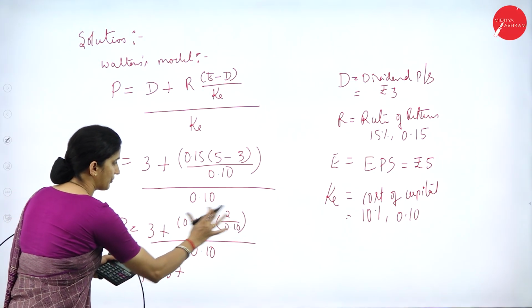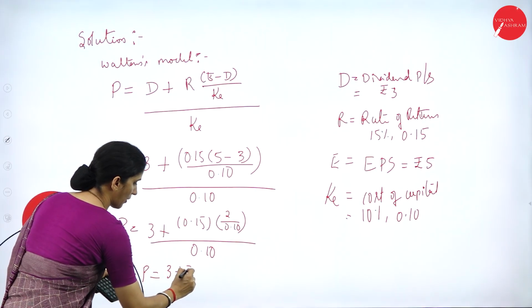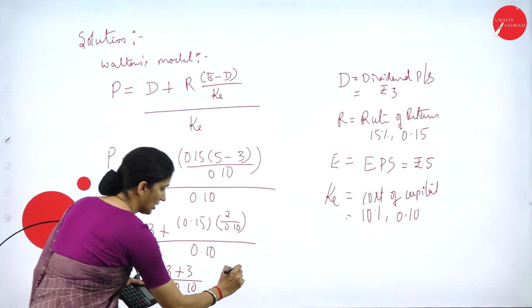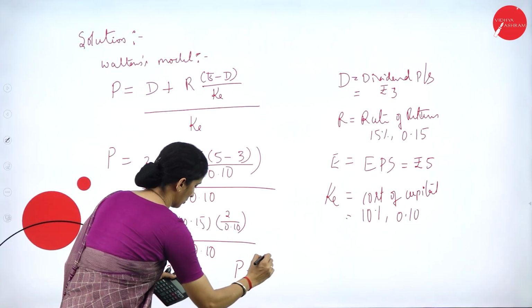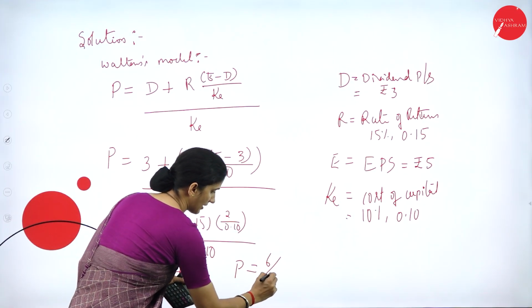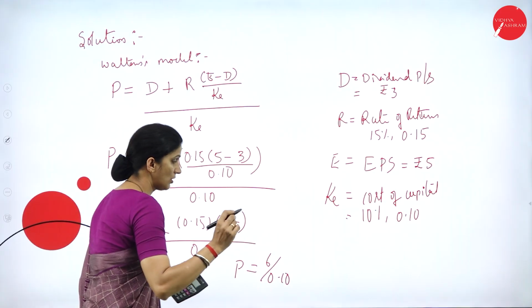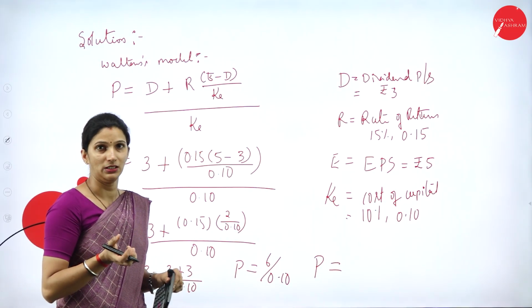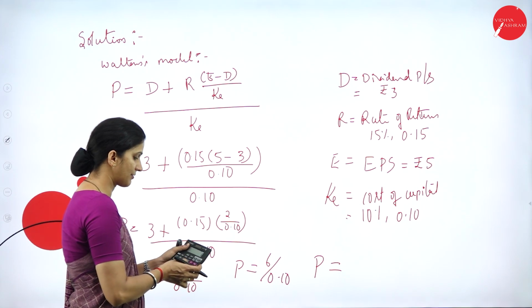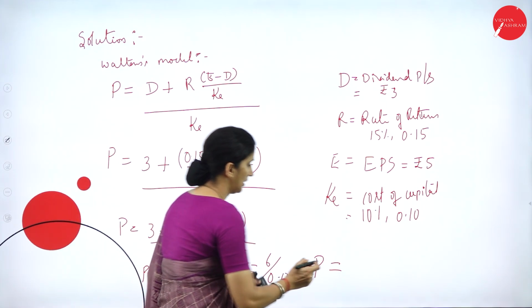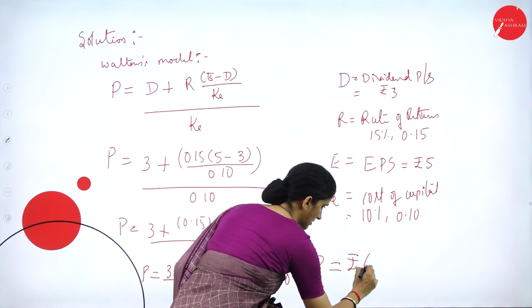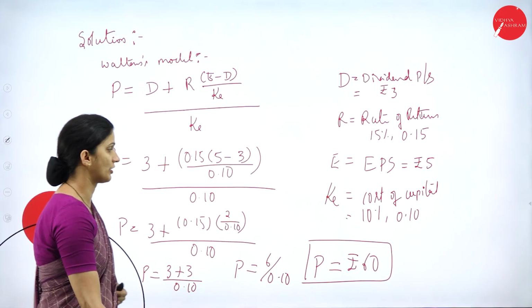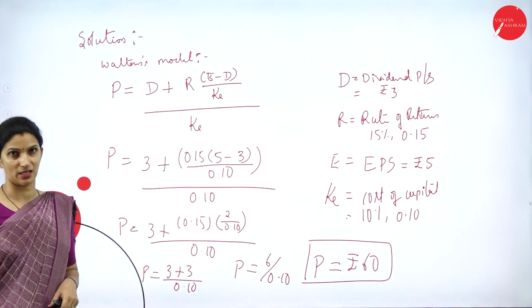If we simplify this one, the amount you are getting is 3 divided by 0.10. Therefore, P is equal to 6 divided by 0.10. So the market price of the share under Walters model is 6 divided by 0.10, it is rupees 60.